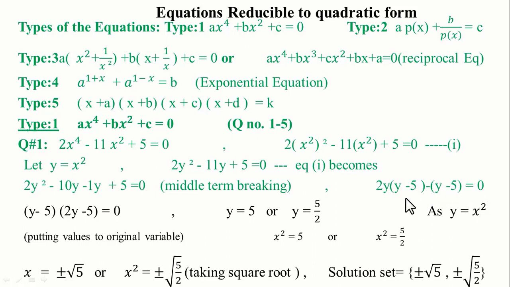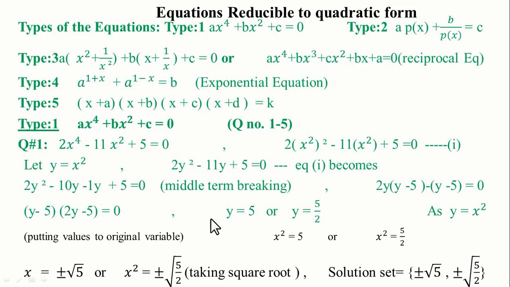So the equation becomes 2y into y minus 5 minus 1 into y minus 5 is equal to 0.